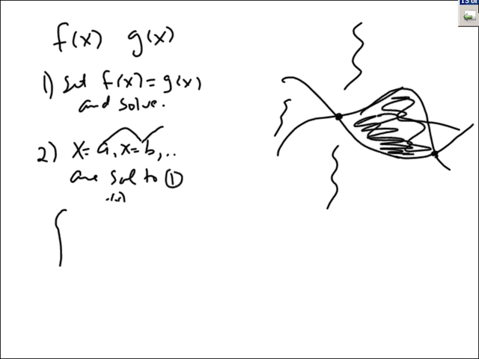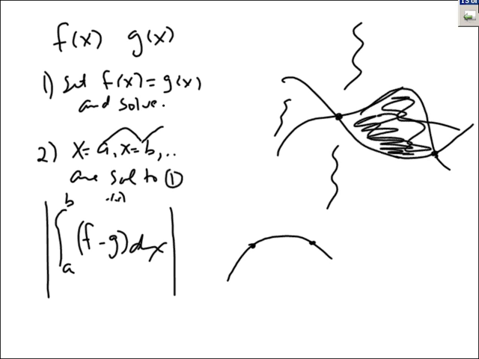So you'll integrate from a to b, f minus g dx. And in case you should have done it the other way, you take absolute value. If they're going to intersect at 2 points, one curve is always going to be on top of the other between the 2 points.